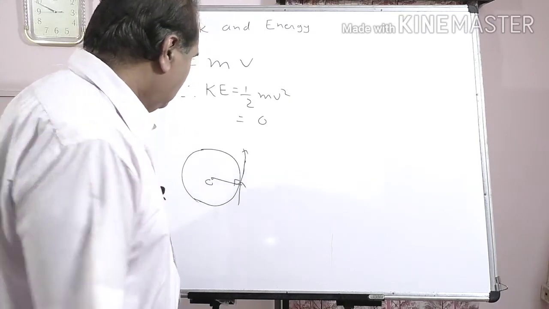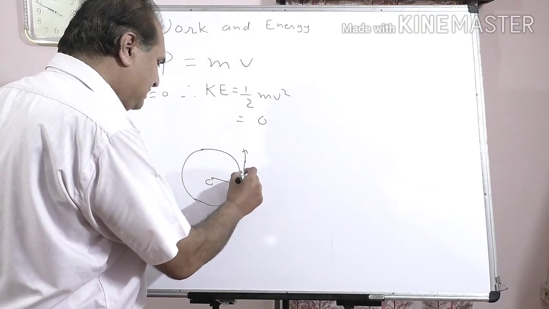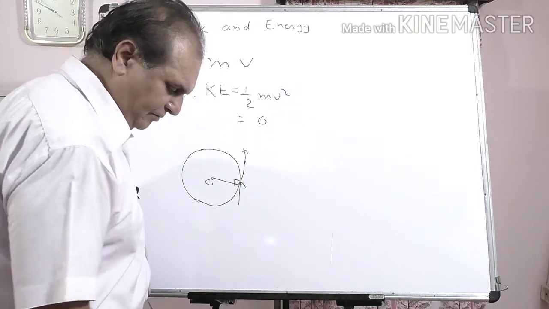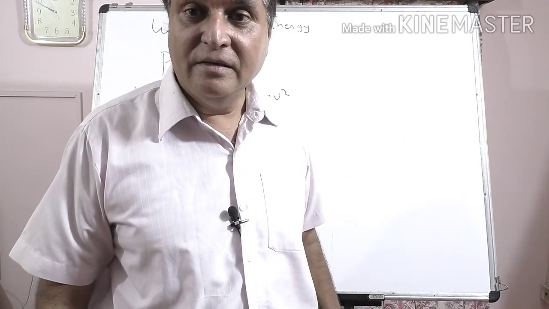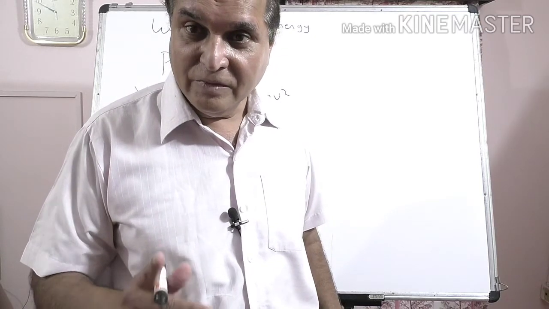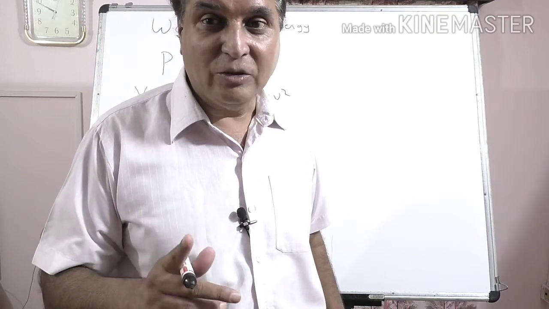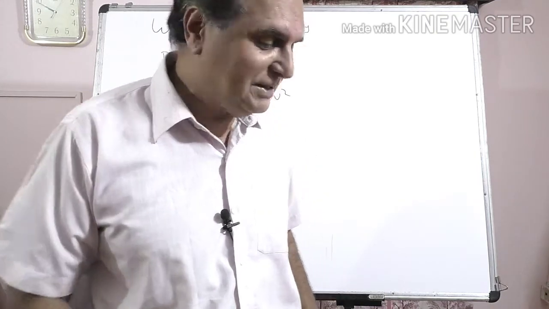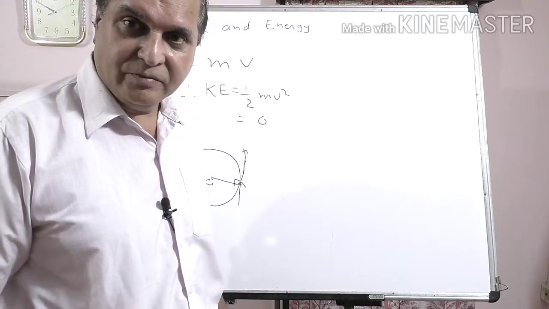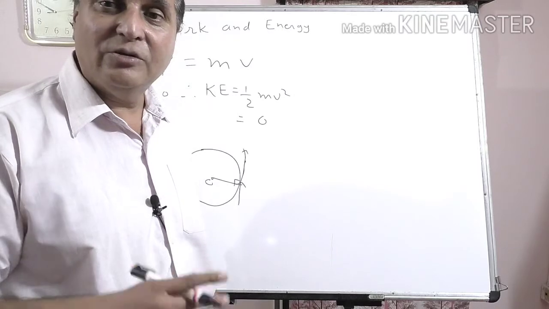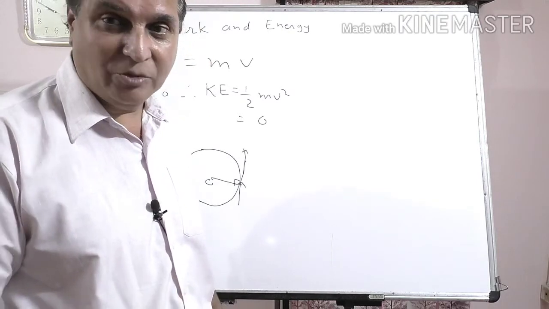So this is the force, and this is the direction of velocity, this is acceleration, and so this angle between force and displacement is 90 degree, cos 90 is 0. Fs cos theta is 0, hence work done is 0. So the moon is revolving around the earth without doing any work, at the time in uniform circular motion.